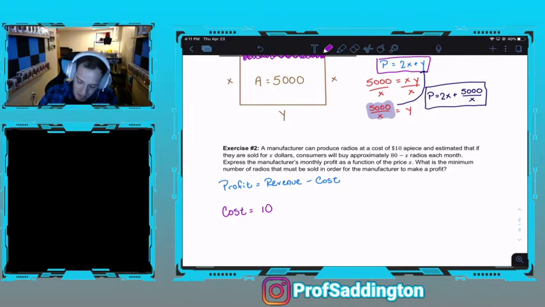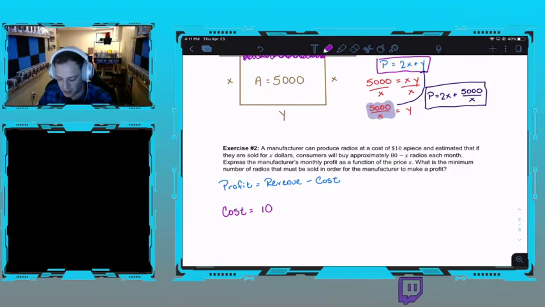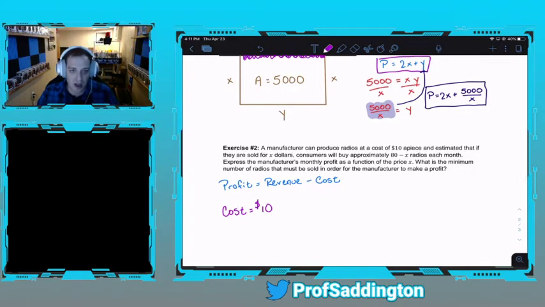So they are sold for X dollars. Now the X dollars is represented by how much that they're being sold for. So the $10 is just how much it's costing them to make, and it's $10 per radio, so I'm just going to write it down as 10x. So for every radio they sell, 10 bucks.